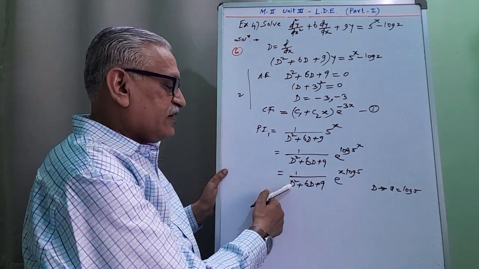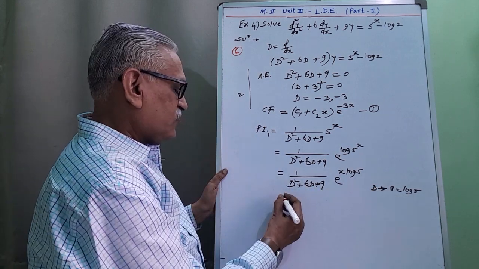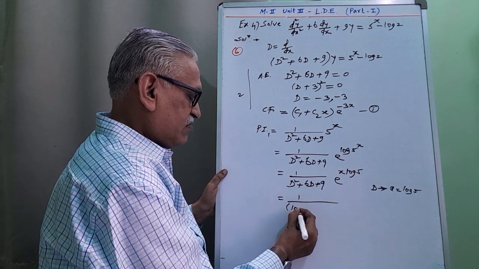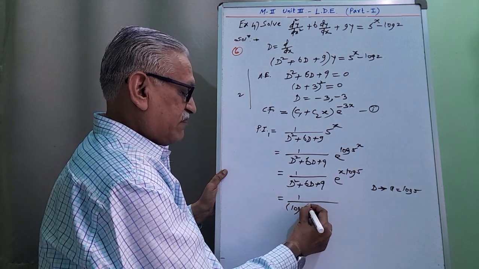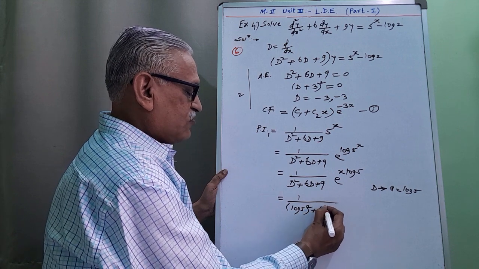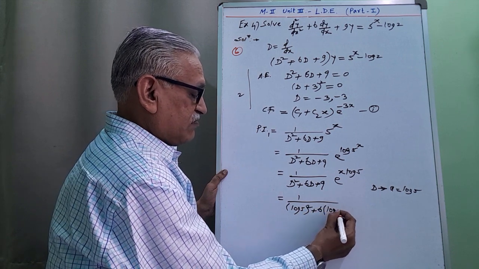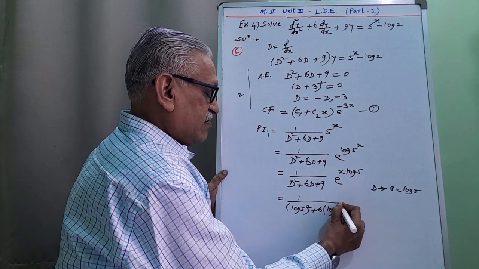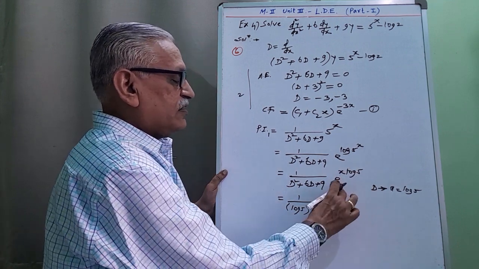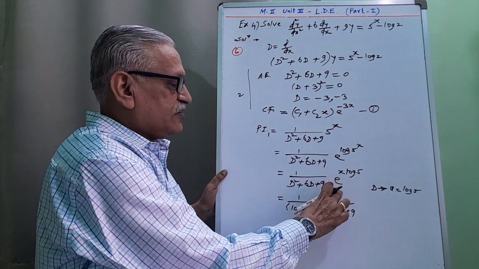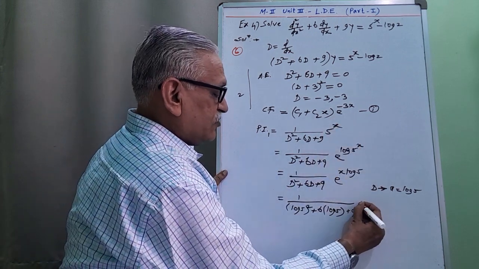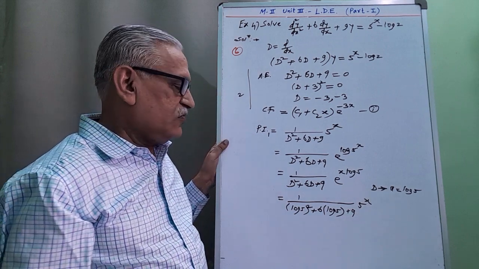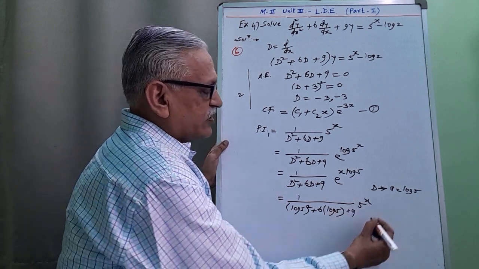So replacing D by log 5, we get 1 upon (log 5) square plus 6 times log 5 plus 9, operated on this term. This is nothing but 5 raised to x. Therefore, once again we substitute the original form 5 raised to x, and we call this equation 2.